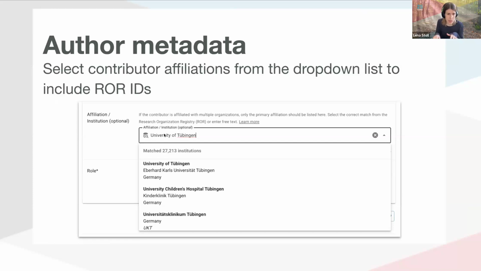You can see here I've entered the name of an institution, and there are multiple matches in the Research Organization Registry, and I can choose the correct one from it in order to send the unique identifier for it along with my metadata.